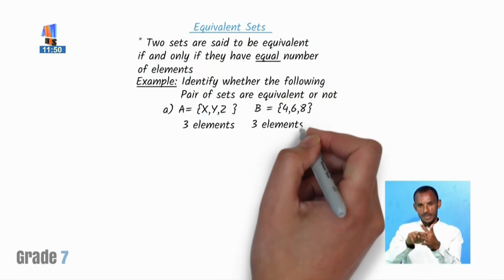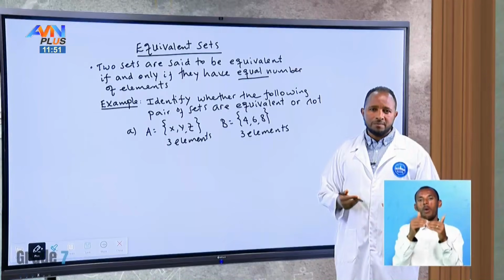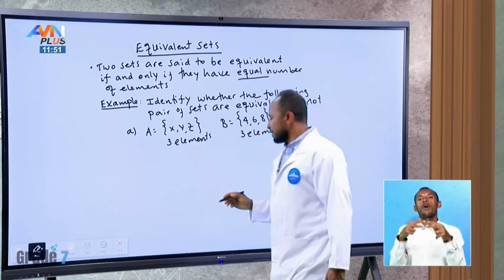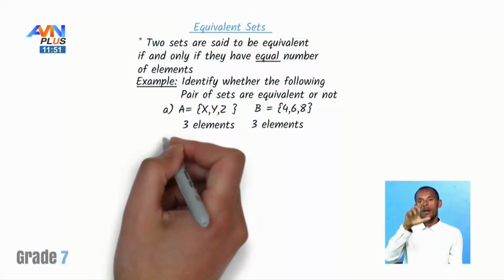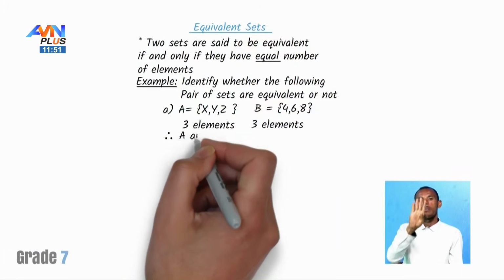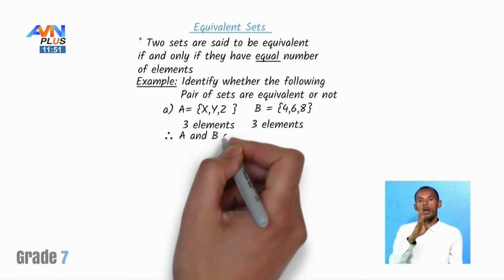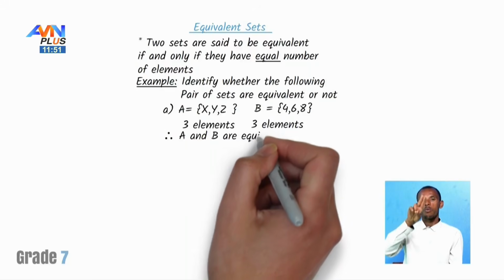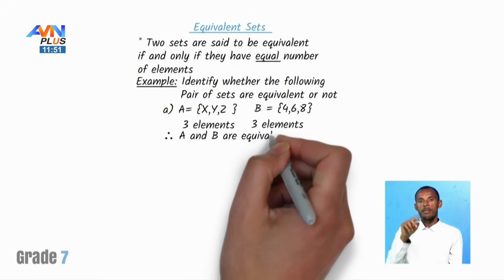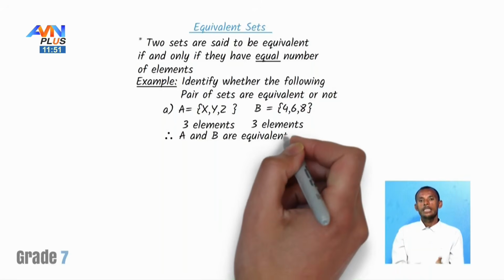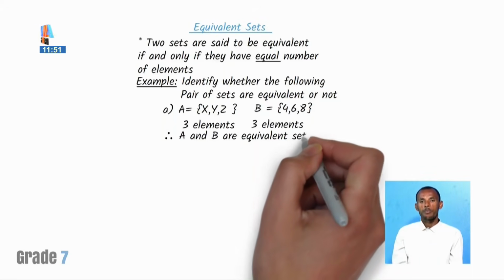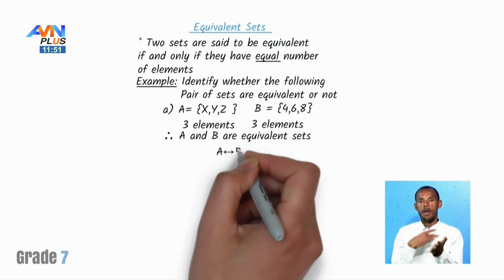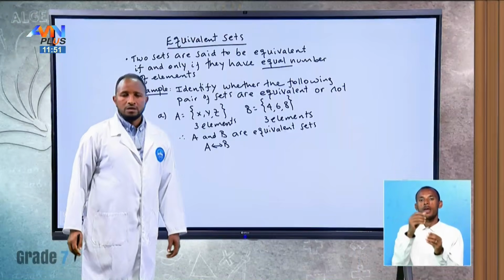Since these two sets have an equal number of elements, the two sets are said to be equivalent. Therefore, A and B are equivalent sets. Symbolically, we can write it in this form. The two sets A and B are equivalent.